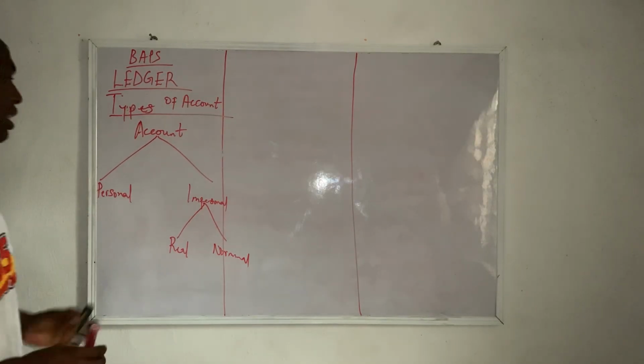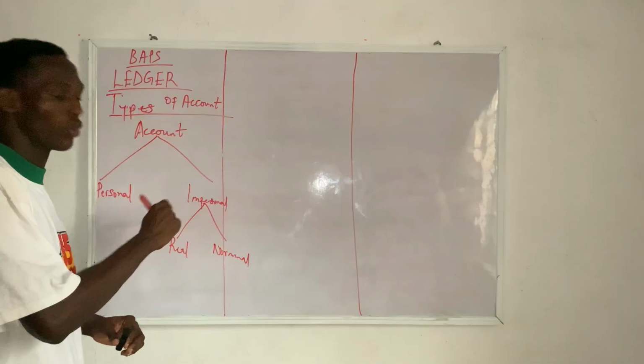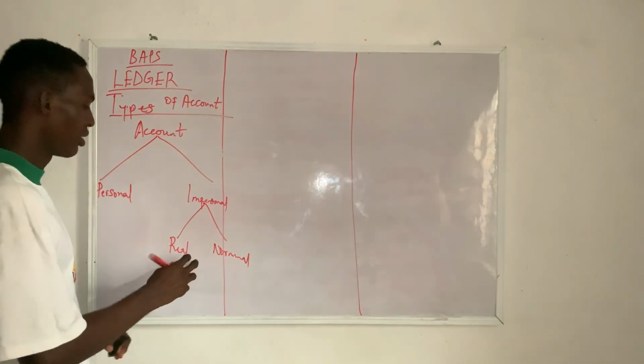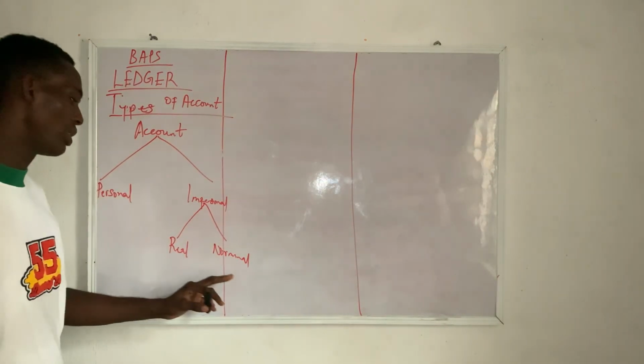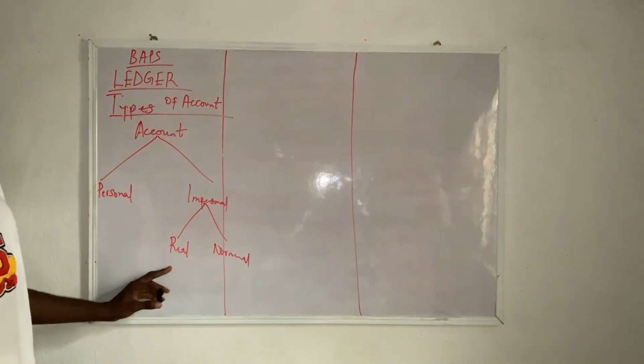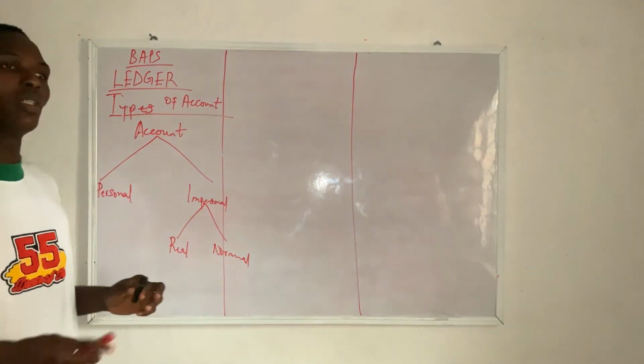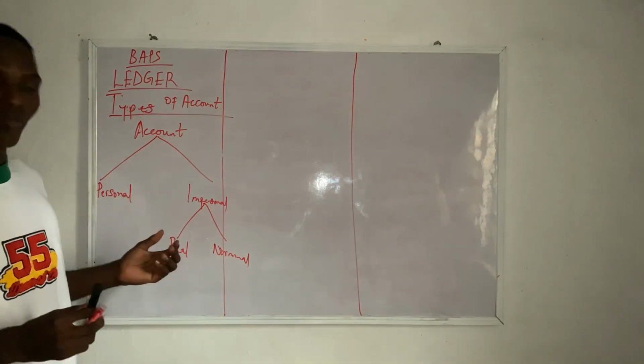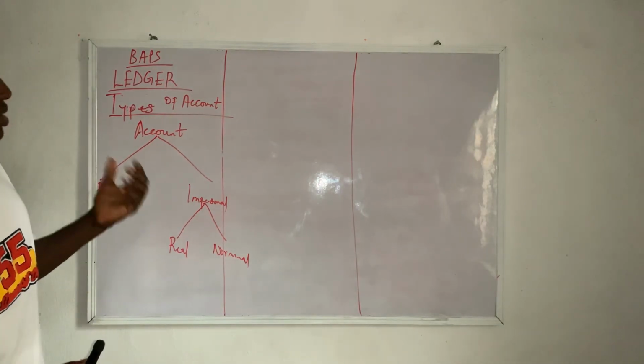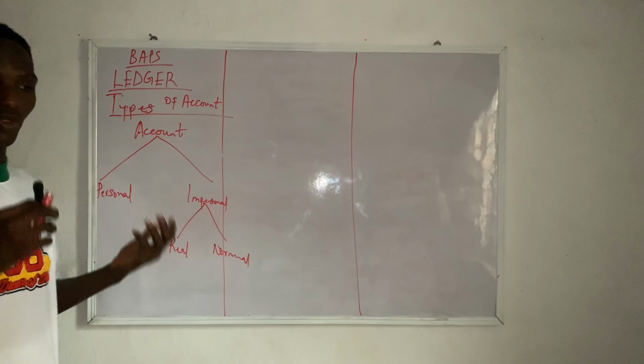Now for impersonal account, of course, it is non-personal, in the sense that we need to record real and nominal accounts. Real in the sense that you can see it, you can touch it. These are accounts for recording tangible items that can be seen, felt, touched, or moved sometimes.